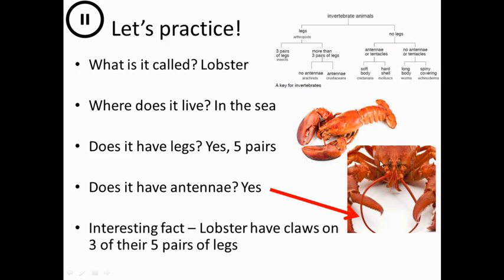Does it have antennae? Well, you can see in this picture of the lobster's face, yes, it does. And an interesting fact is that lobsters have 5 pairs of legs, and on 3 of those pairs, they have claws, okay? So we've got these big ones at the front, but actually it's got smaller claws on some of its other legs as well. So use the flow diagram up in the corner to try and classify this lobster. So if you pause the video now.